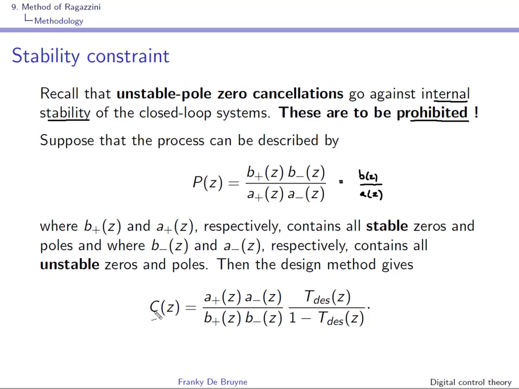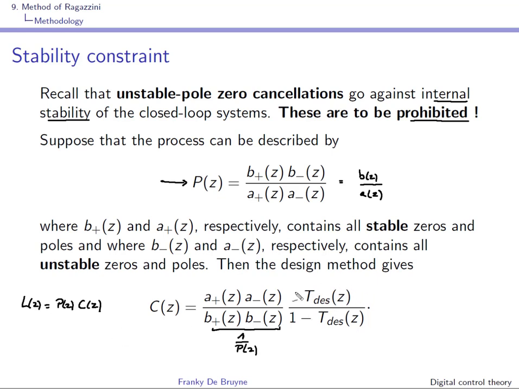Remember that c of z is 1 over p times t desired over 1 minus t desired. So this is 1 over p of z, where p of z is given over here. If we look at unstable pole zero cancellations, we have to look at the loop gain, p times c.